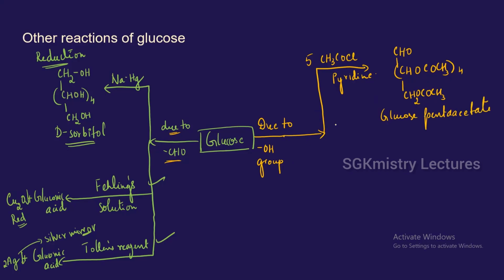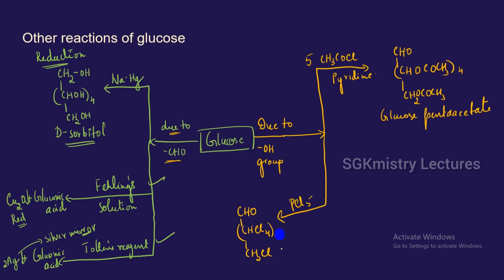Then suppose you treat it with PCl5. We know very well this particular reaction even when we prepare haloalkanes from alcohols. If you treat the alcohols with PCl5, you see that the OH group is easily replaced by the halogen.